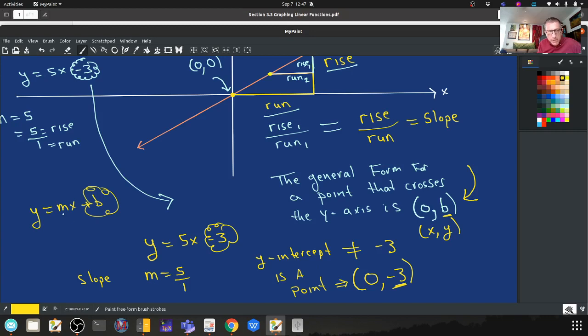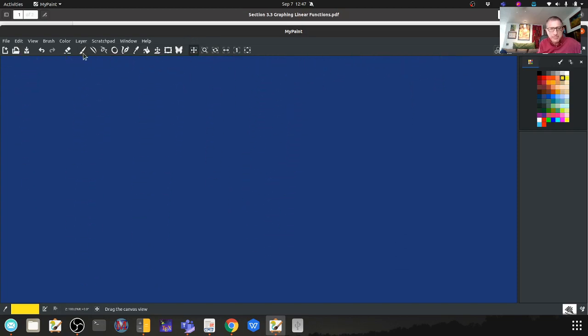And the slope is a real number. So let's summarize that. Slope is a real number. In other words, y is equal to mx plus b.